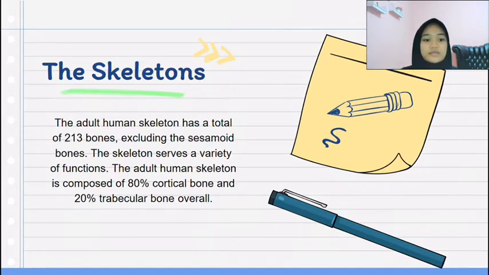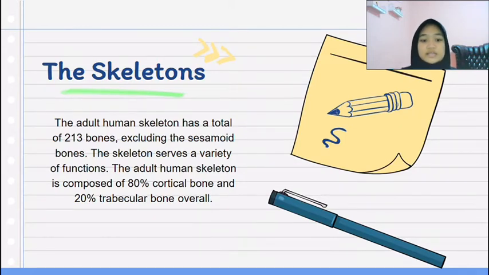The skeleton serves a variety of functions. The bones of the skeleton provide structural support for the rest of the body, permit movement and locomotion by providing levers for the muscles, protect vital internal organs and structures, provide maintenance of mineral homeostasis and acid-base balance, serve as a reservoir of growth factors and cytokines, and provide the environment for hematopoiesis within the marrow spaces.